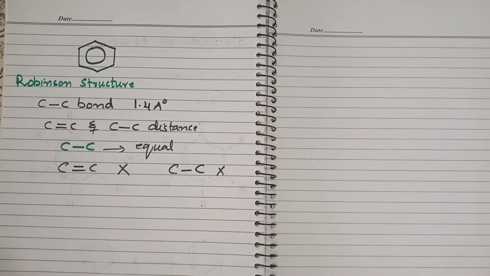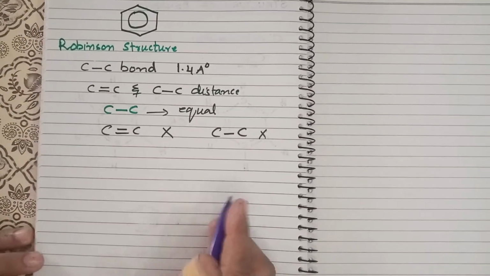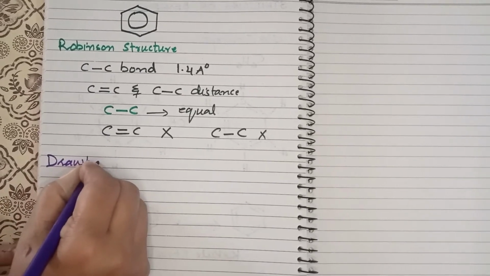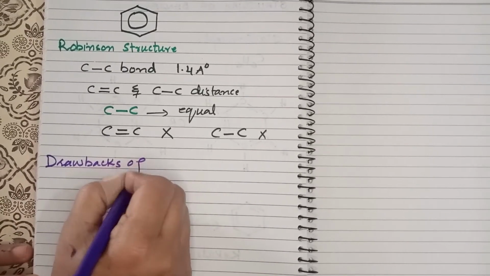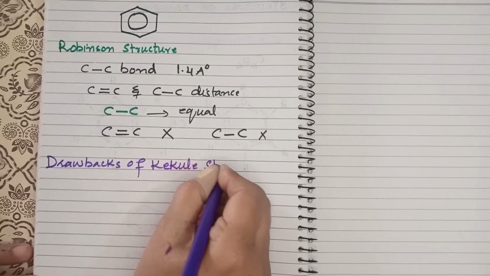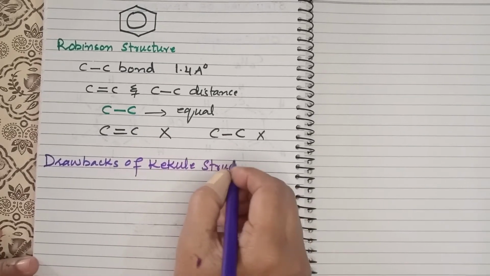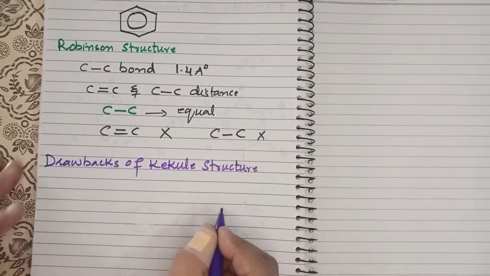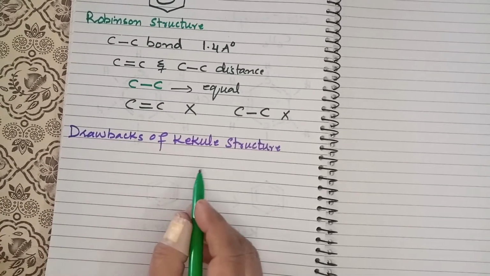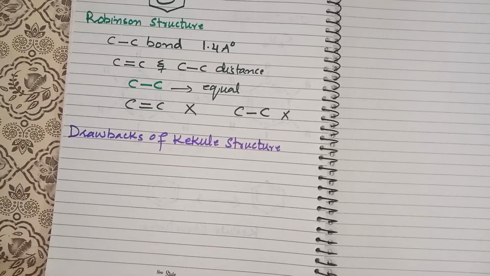Now we will see the drawbacks of Kekule structure, meaning the limitations of Kekule structure. Kekule structures fail to explain certain things.